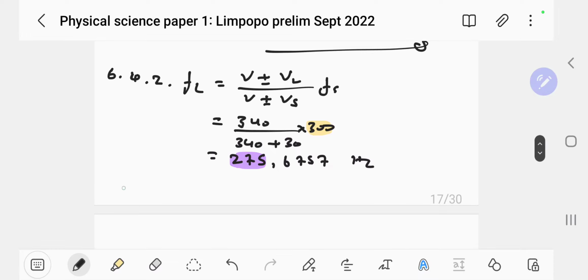Therefore the wavelength heard is going to be equal to, let's not waste time, 340 over 275.6757. So we divide 340 by 275.6757.